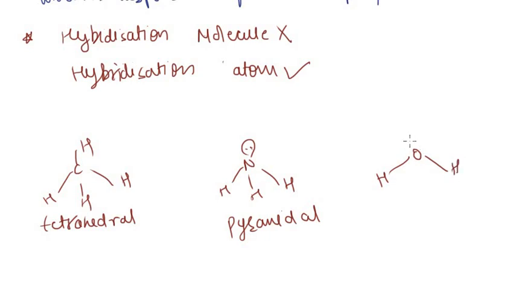H2O, it is bent or V shape. So actually all of these three belong to sp3 hybridization. If you refer to inorganic chemistry, then valence shell electron pair repulsion theory explains the bond angle and everything about these compounds. So we will not go that deep in organic for that. Okay.